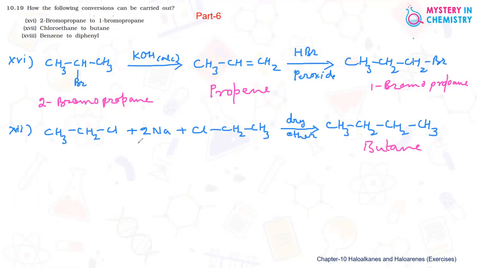In presence of dry ether, what happens? These two molecules of sodium chloride is coming out of the reaction, and that you can write here 2 sodium chloride, and by that butane is formed. This reaction is very important reaction, so you should write the name Wurtz reaction.